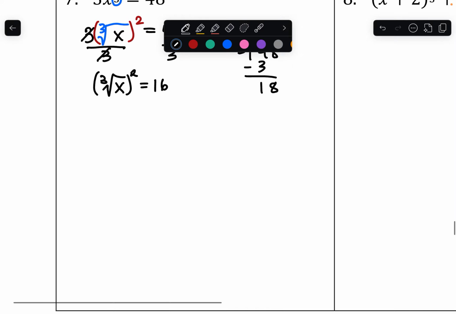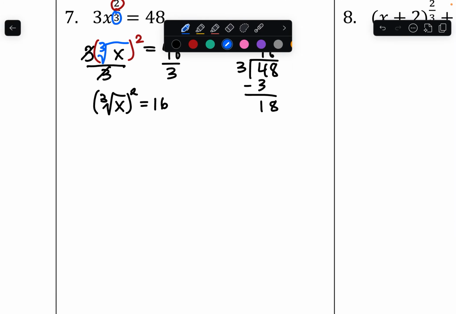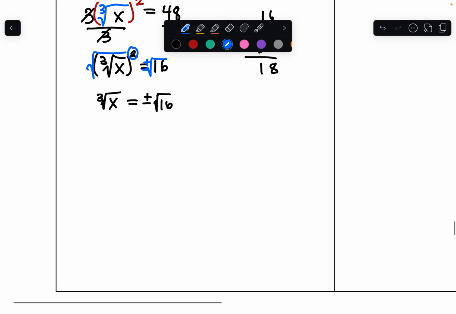Yes. Okay, and so now we're ready to square root both sides, but remember the square root property. And so this means the cube root of x is equal to the positive negative square root of 16. Okay, when you square root both sides to undo this square, it's the positive negative. That's the square root property.